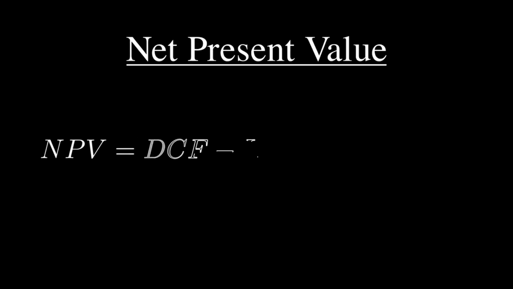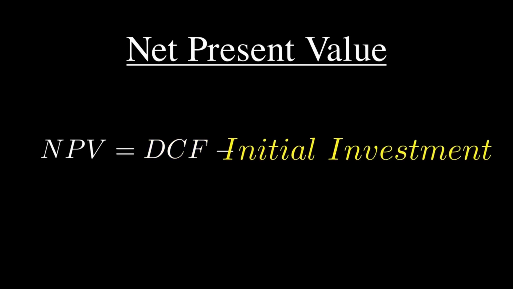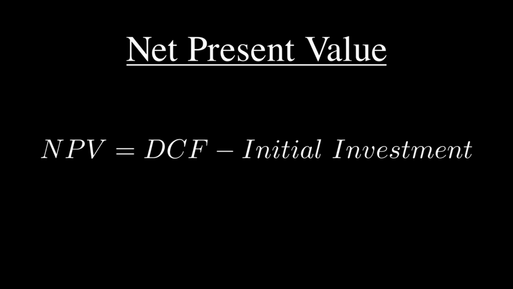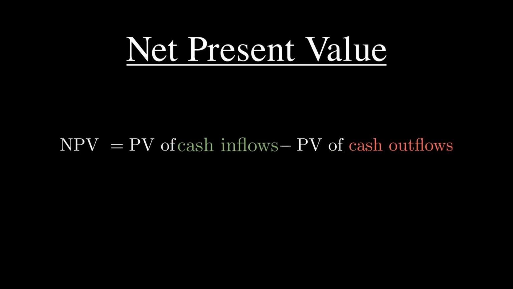So in the previous video, we defined NPV as the difference between the discounted cash flow and the initial investment. To be more exact, the net present value of an investment is the present value of its cash inflows minus the present value of its cash outflows or costs.